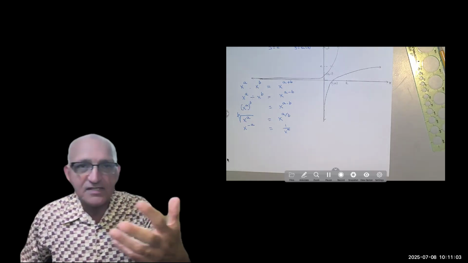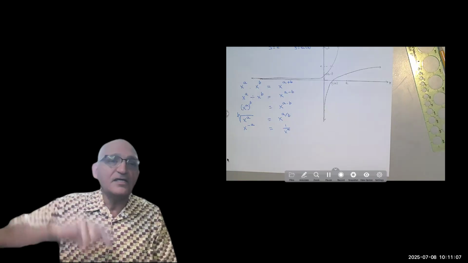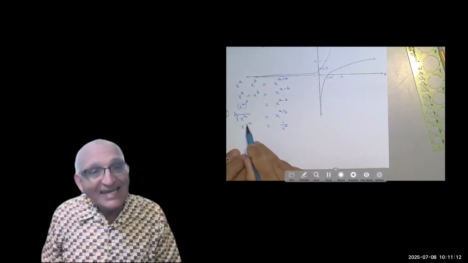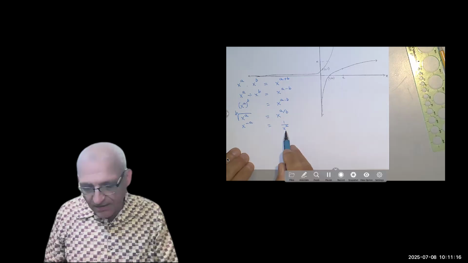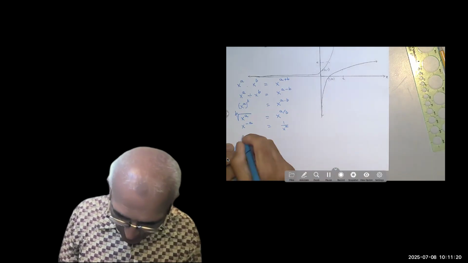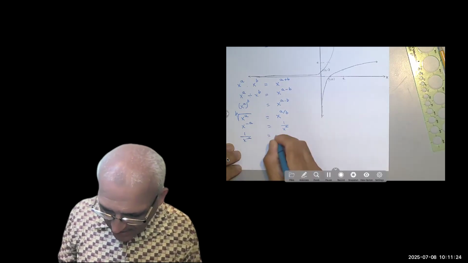So if I ask you what is the reciprocal of 2, it means make the numerator the denominator and the denominator the numerator. So if I have a negative exponent, I can move it from numerator to denominator by changing its sign, and vice versa. Meaning 1 over x to the negative a equals x to the a.